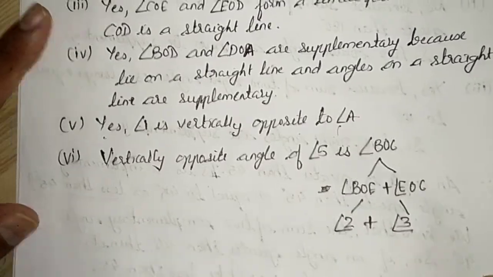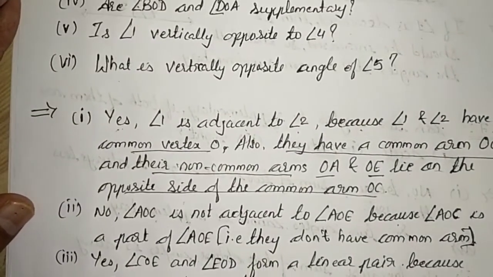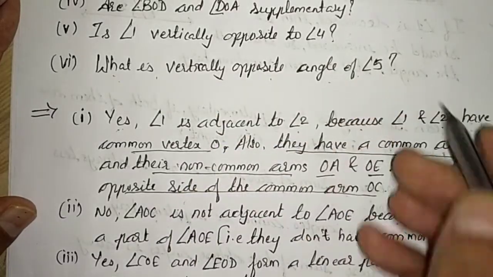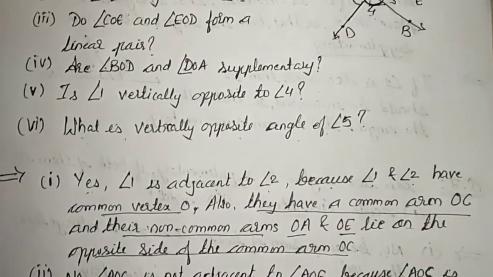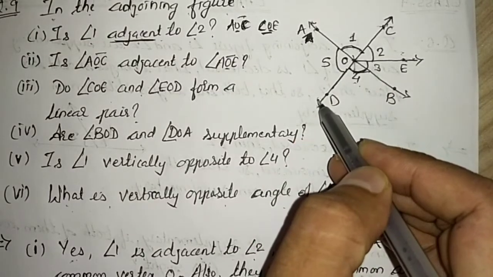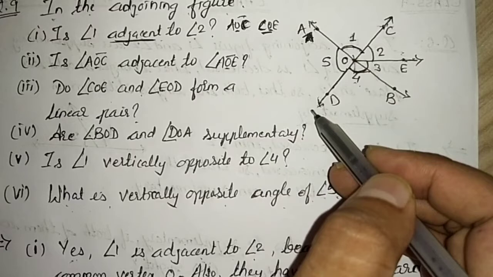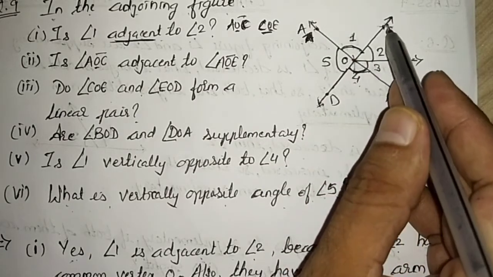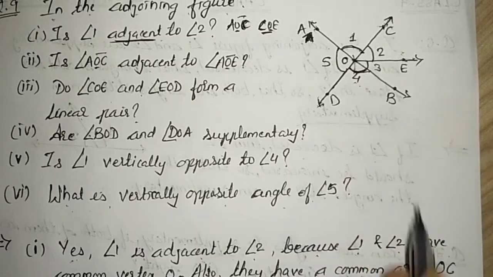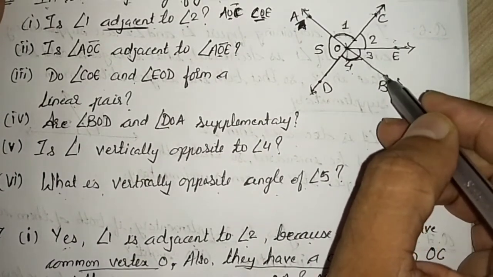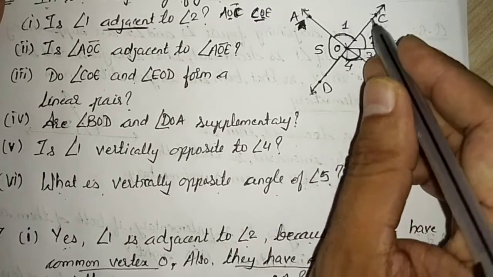Now the last part, that is the sixth part. What is the vertically opposite angle of angle 5? Let us see where angle 5 is. Here it is, angle 5, AOD. And the vertically opposite angle of angle 5 is angle BOC, this whole angle. It is formed with these two angles, BOE and EOC.